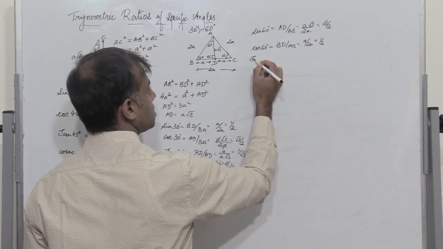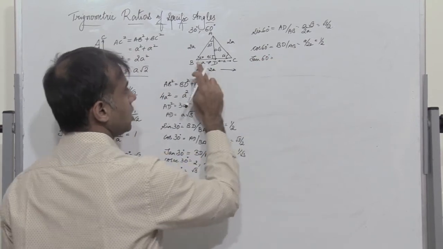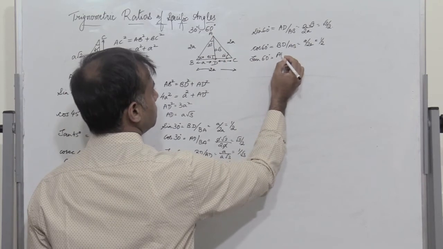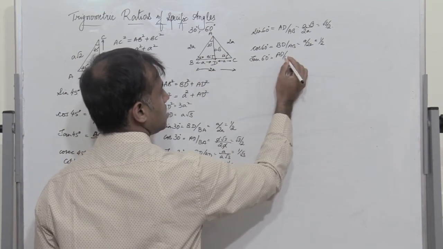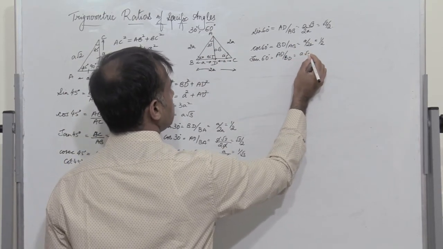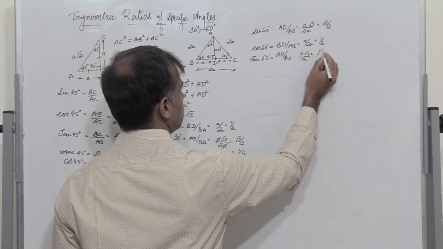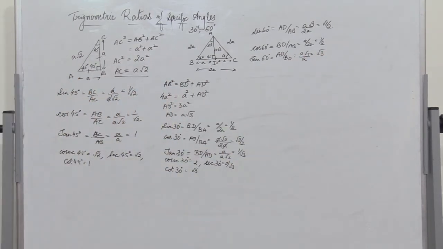Then we have tan 60: the opposite side of 60 is AD divided by the adjacent side BD, so A root 3 by A, which is root 3. So we have sine 60 as root 3 by 2, cos 60 as 1 by 2, and tan 60 as root 3.